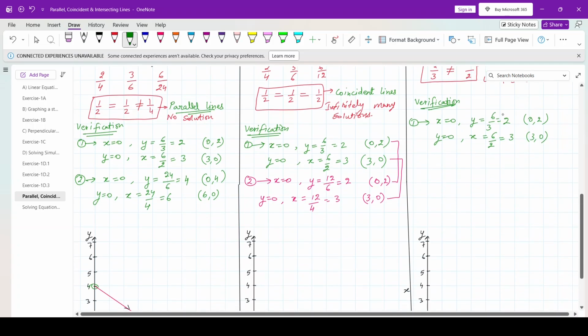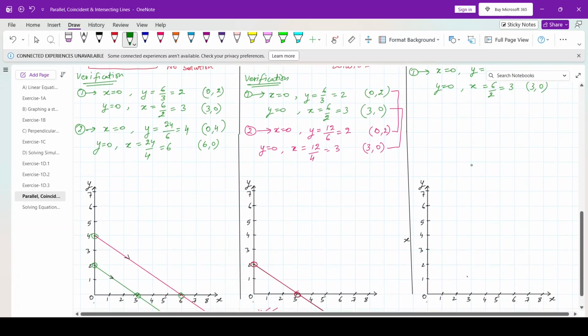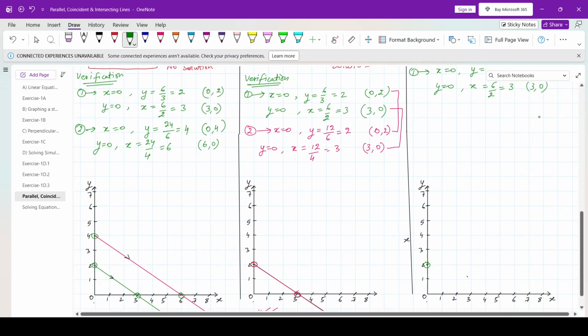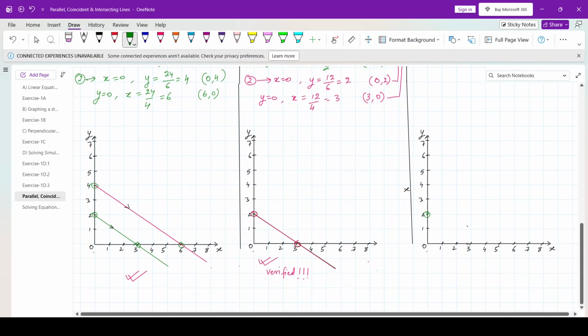If we plot this equation on the graph, we'll get 0, 2, that will be 0, 2, and 3, 0. Let's plot a straight line.